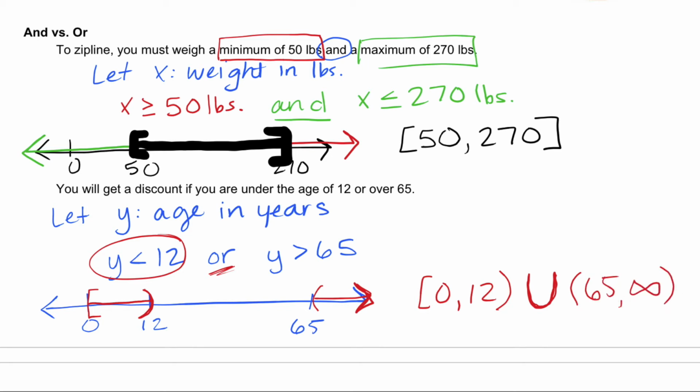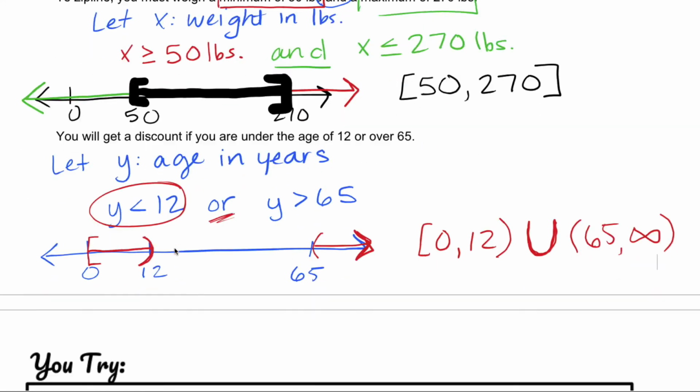We'll put infinity. We know that doesn't make sense in this context, but can't really put an upper age limit. So that's how we write that in interval notation when we have this disjoint region where either one could be true because it's an or.